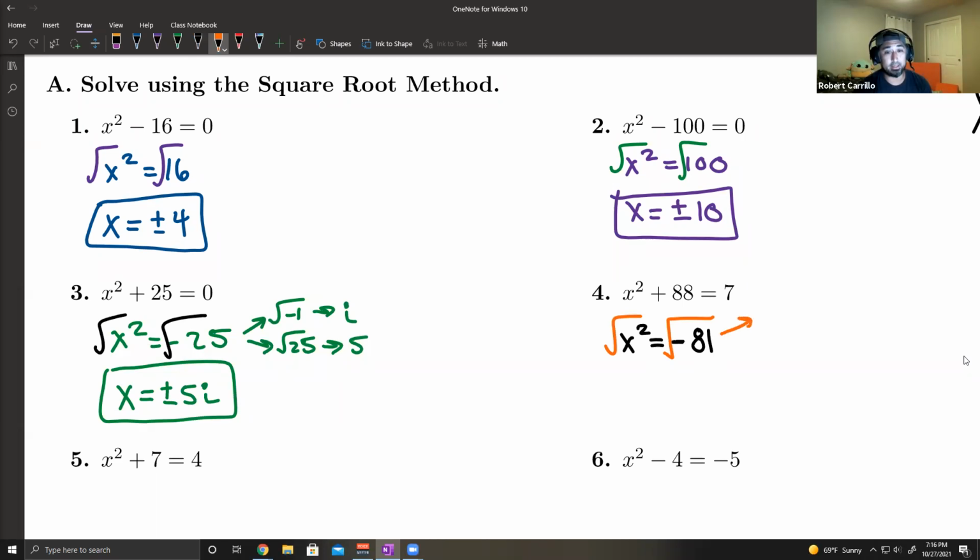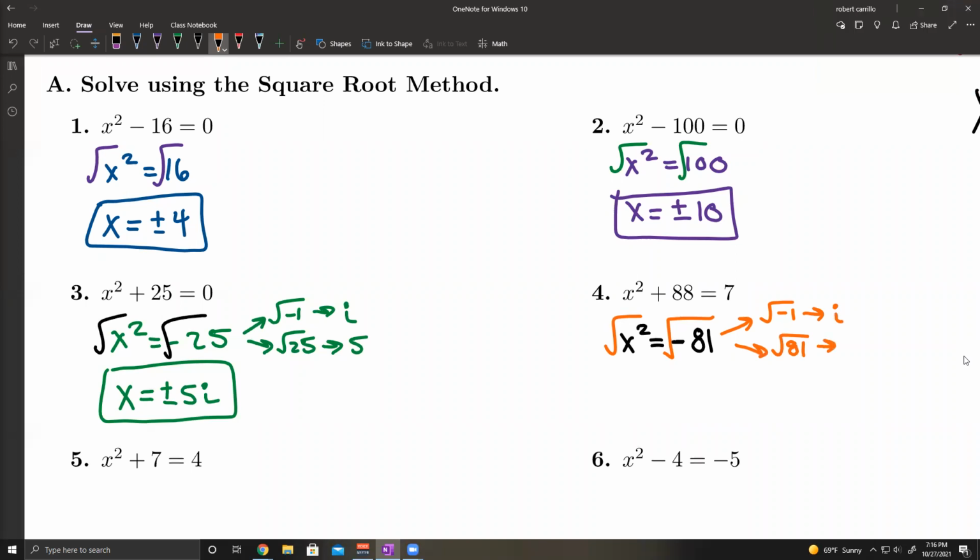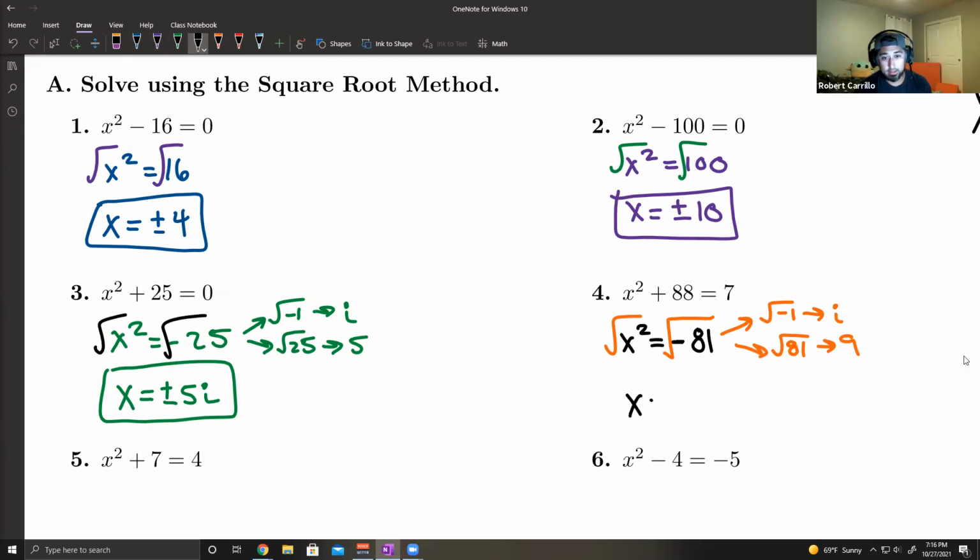So we can split this into the square root of -1 and the square root of 81. Square root of -1 becomes i. And what is the square root of 81? 9. And you get x equals plus or minus 9i.